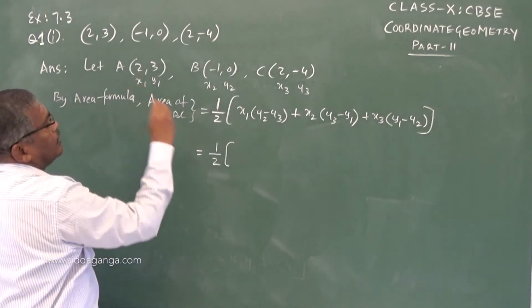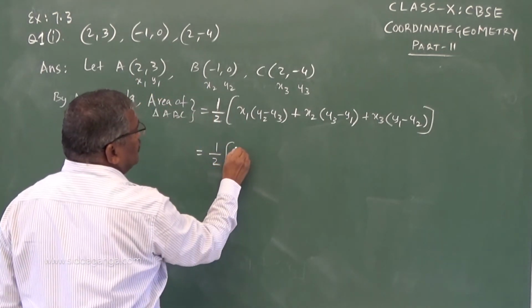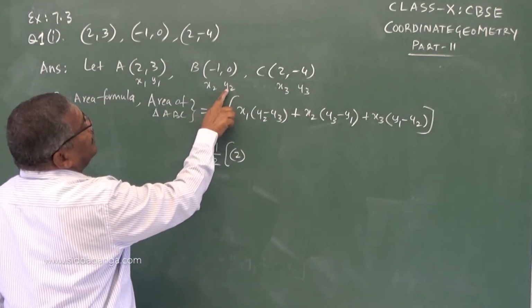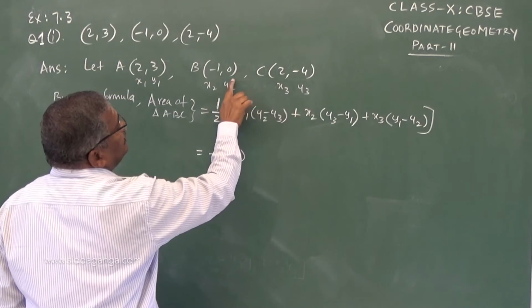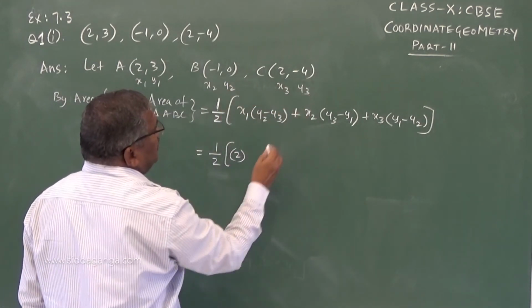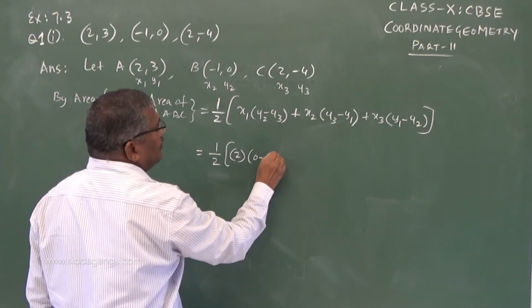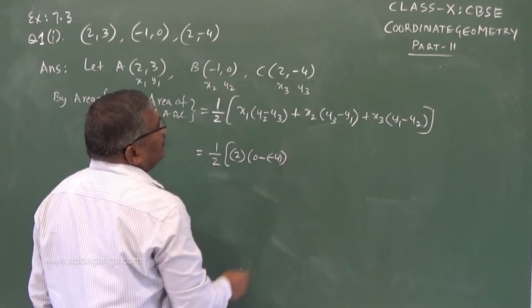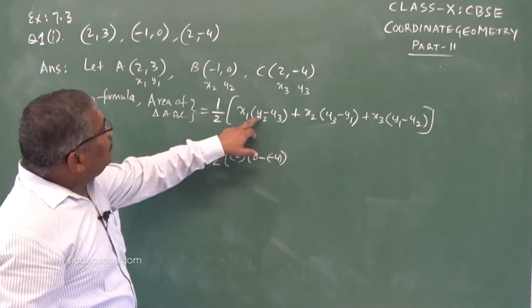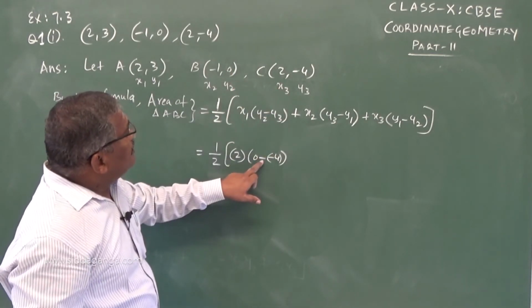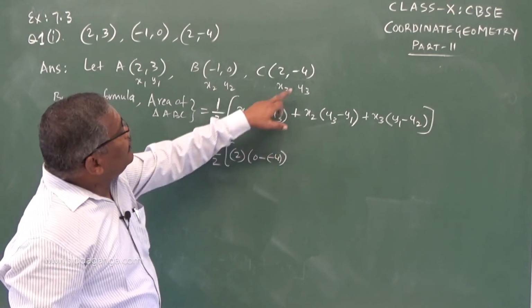You take from here, x1 is 2. y2 minus y3: 0 minus of minus 4. You remember this, why this? y2 is 0, and y3 value is minus 4.